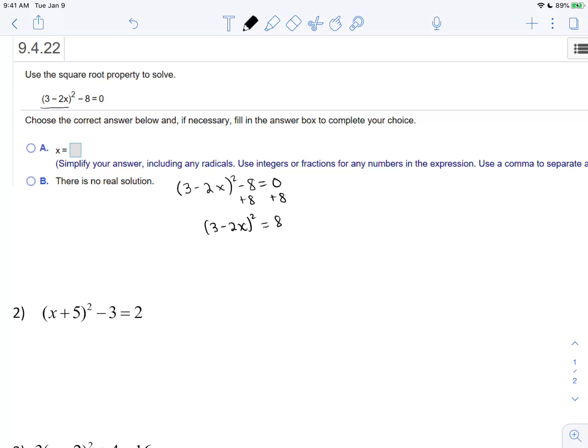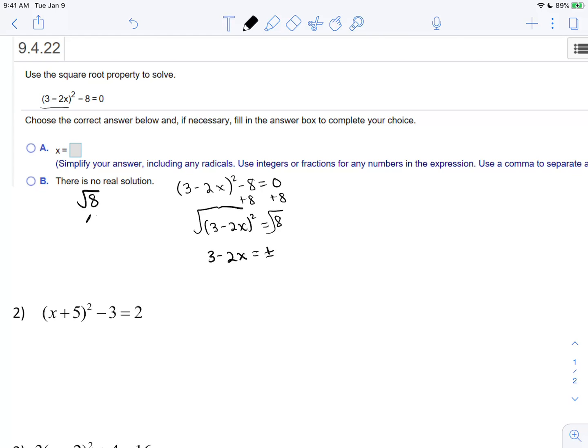So I have this. Okay, now that I have that squared thing by itself, I can square root this problem. And this problem's a little tricky for a couple reasons. We're going to square root it. Now we have both positive and negative, the square root of 8. So for this problem, you needed to simplify this square root, this radical, and we have that square root 8, right?